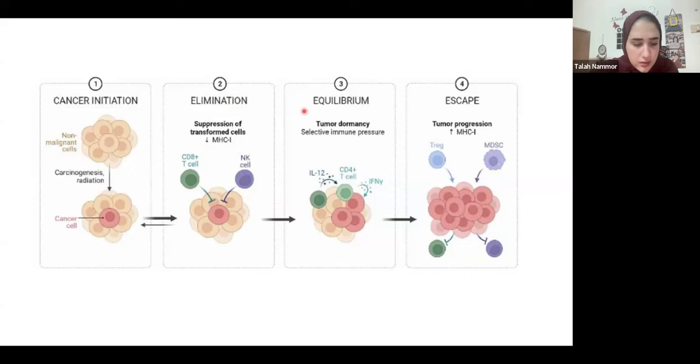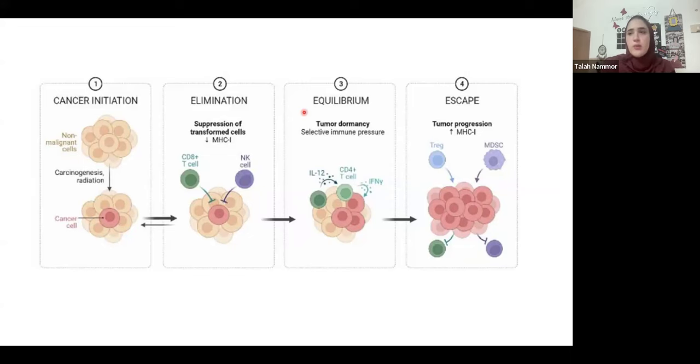And just one second, there's something called cancer immunoediting, and this is what I was talking about. Cancer immunoediting is basically the cancer cells being sneaky and smart. They're trying to see, okay, the immune cells are coming. What will they do? Oh, they will identify my MHC1.